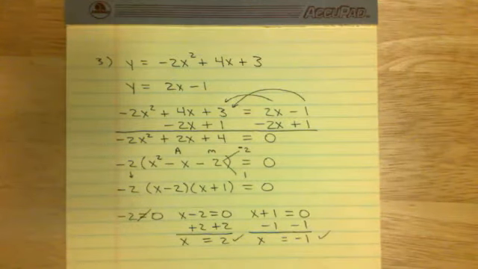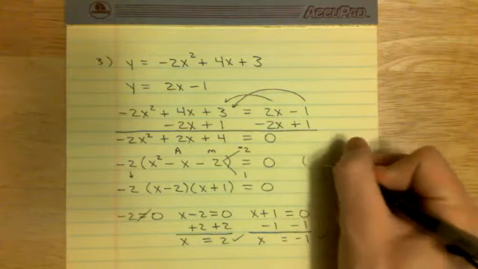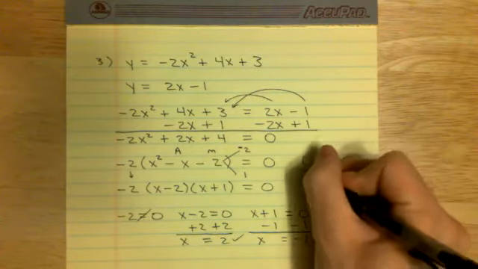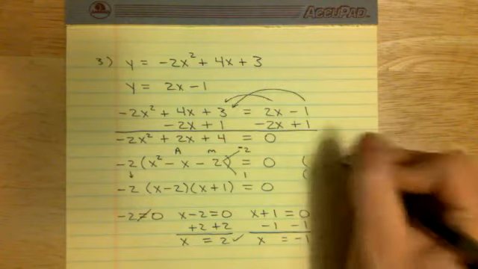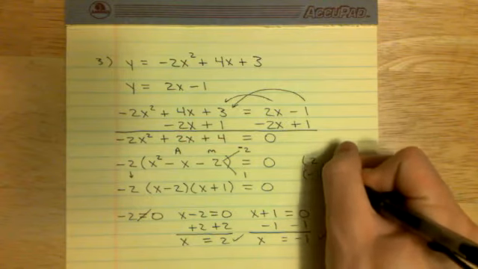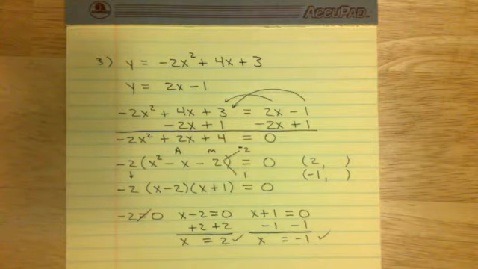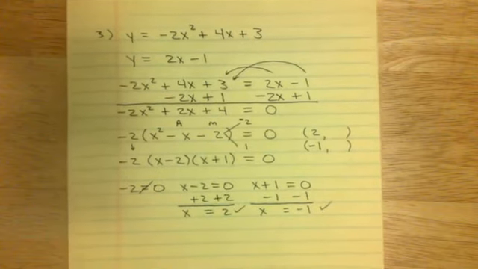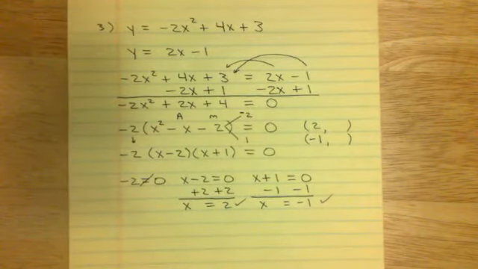Okay, so my ordered pairs. I'm going to have the ordered pairs with x values 2 and -1. So 2 and -1. I put those in the x coordinate. Now to find the y values, we need to plug back in. So I'm going to take that +2 and that -1, and I'm going to plug back into the bottom equation.